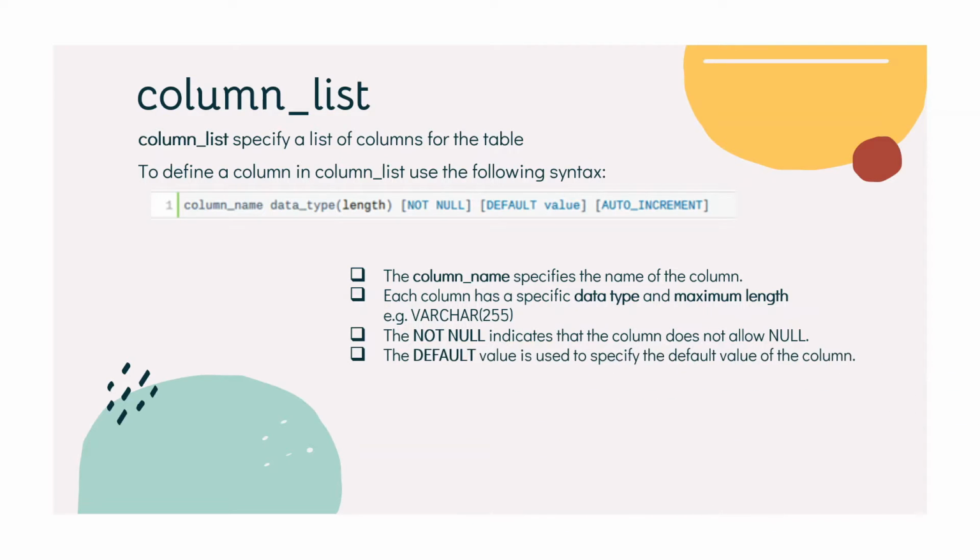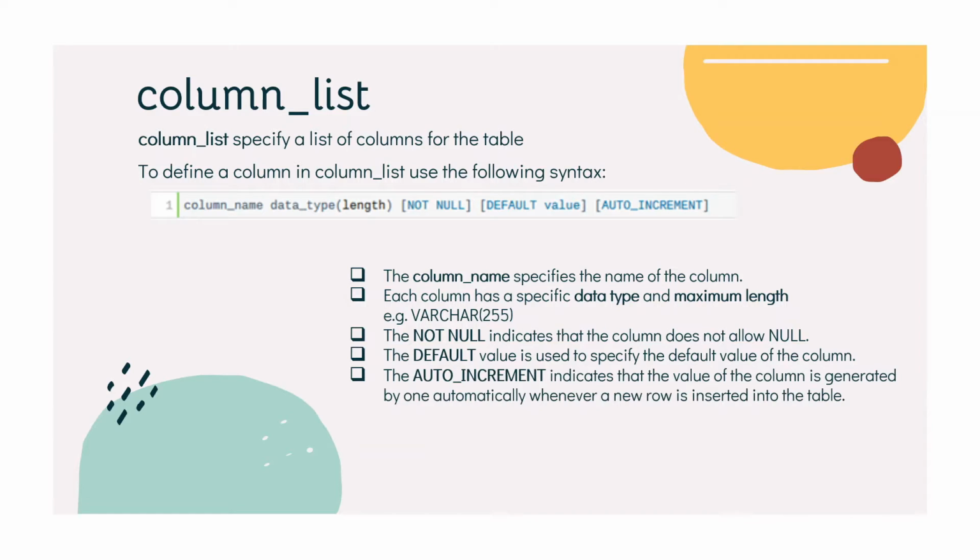The default value is used to specify the default value of the column. And auto increment indicates that the value of the column is increased by 1 automatically whenever a new row is inserted in the table. Note that each table has one and only one auto increment column.